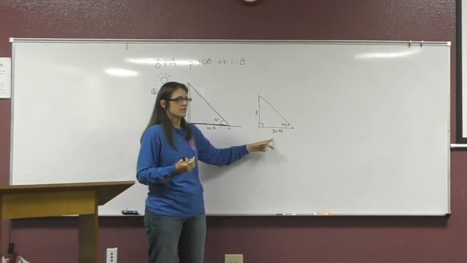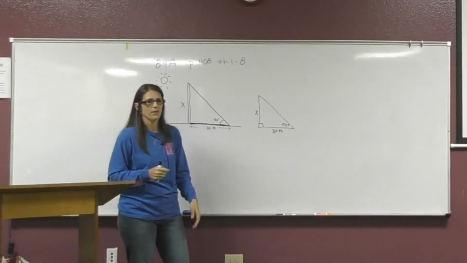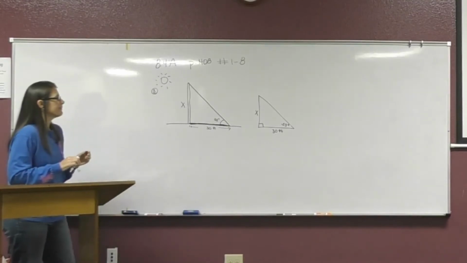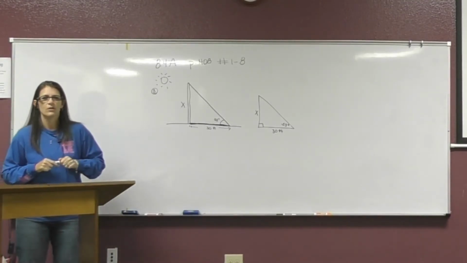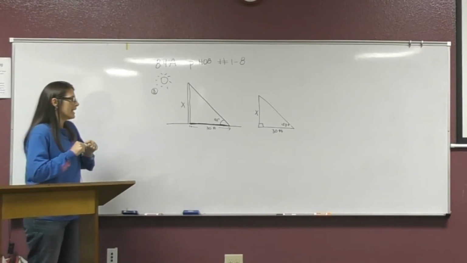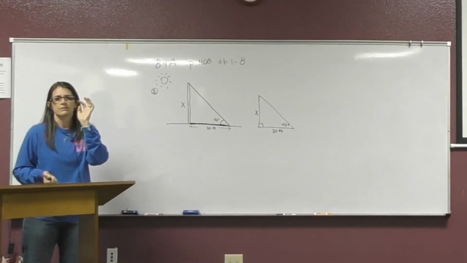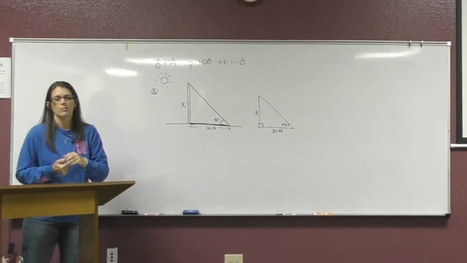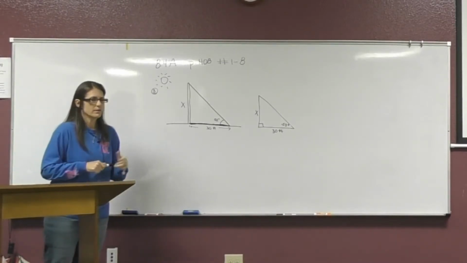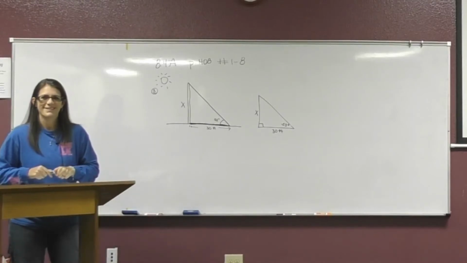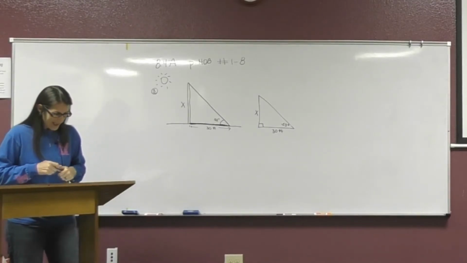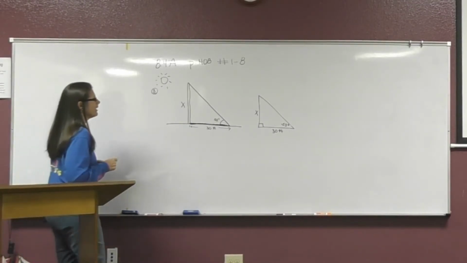I've got opposite and adjacent, so I would use tangent on that one. And then I could easily find how tall that pole is. Because you can't just pull out a tape measure and shimmy up a telephone pole. If you needed to know how tall it was, you would use math like this to figure that out.